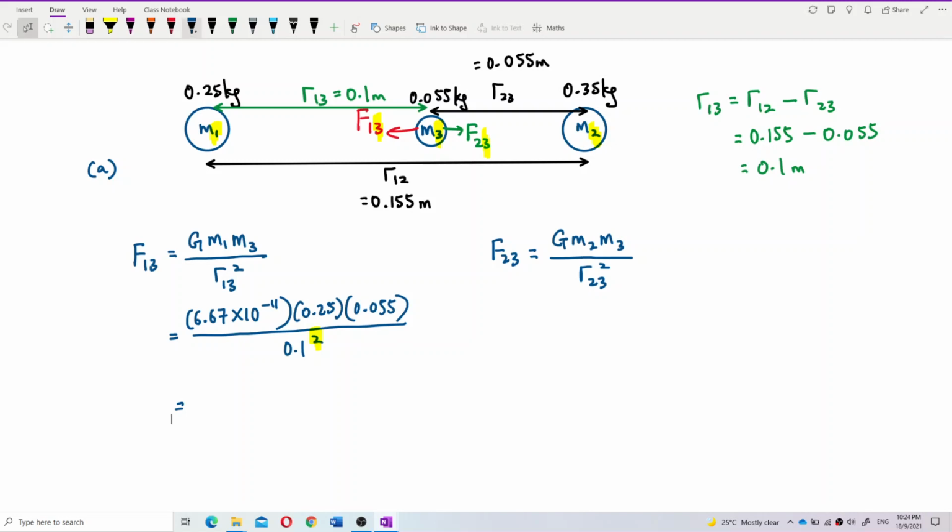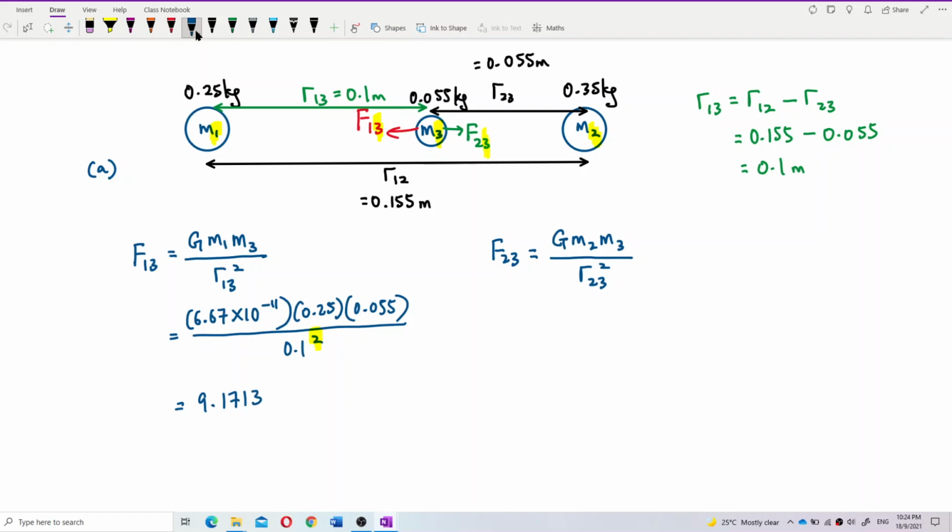Okay, so I got the answer already, which is 9.1713, exponent negative 11 Newton.